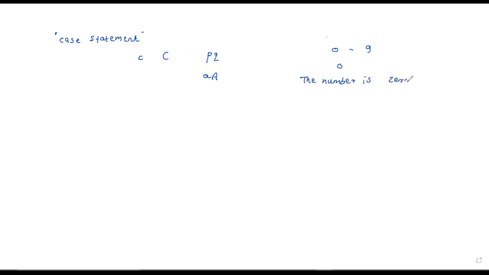So we want to execute this result. So 0 to 9, suppose we enter 0, we require "number is 0". If we press 1, then we should get this result, 1, like this.